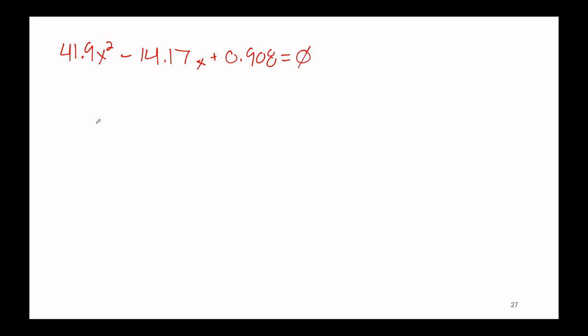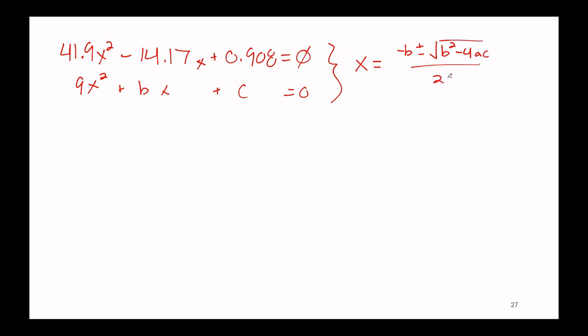So the quadratic equation is going to allow us, so long as our equation is written in the form ax squared plus bx plus c equal to 0, to solve for x, where x is equal to negative b plus or minus the square root of b squared minus 4ac, all divided by 2a.